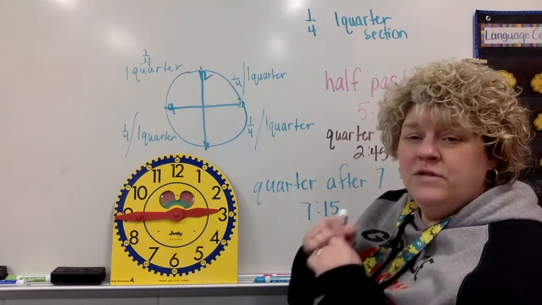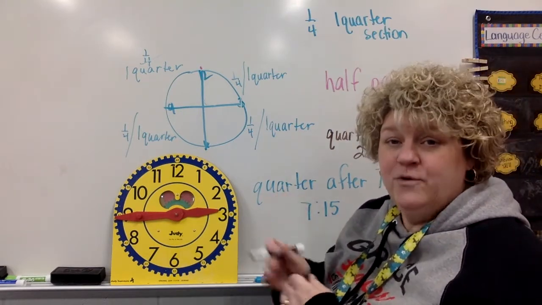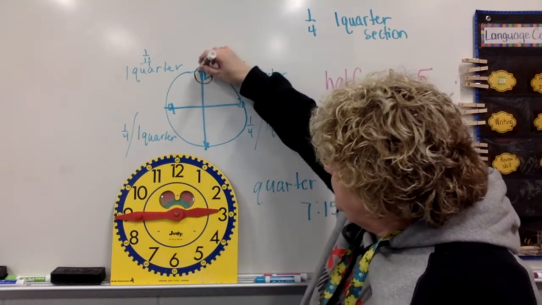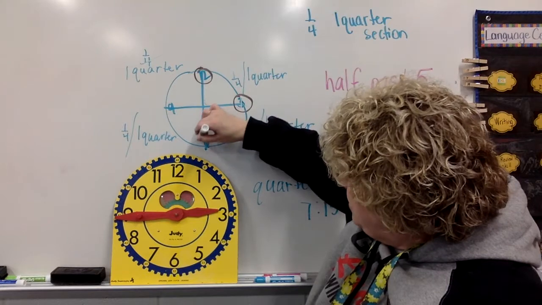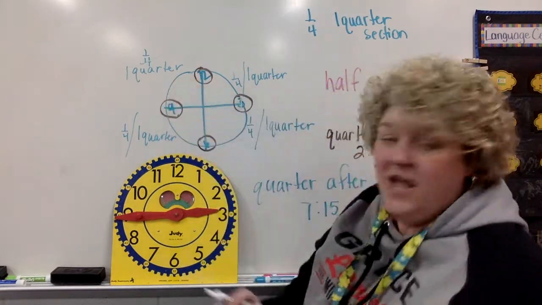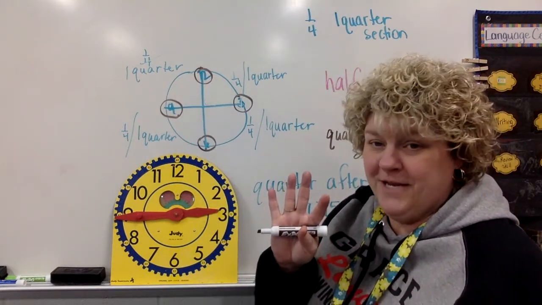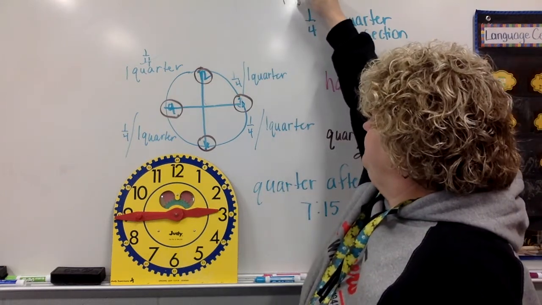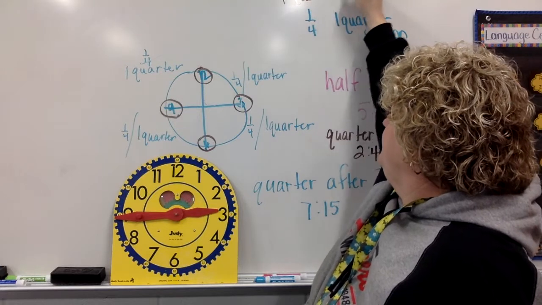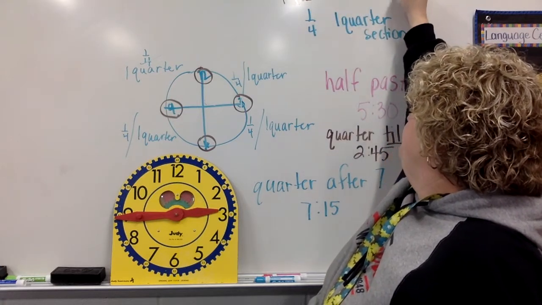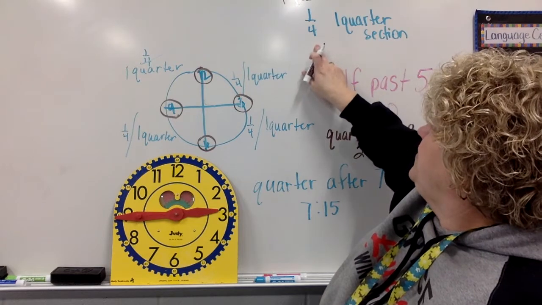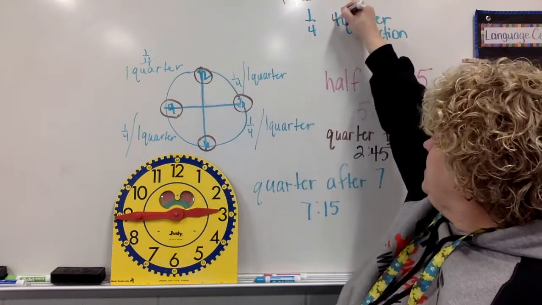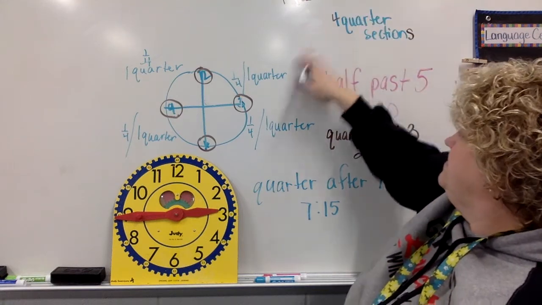And that would be a quarter till 3. Okay? The only place you can put your minute hand when we're talking about quarters or a half, you can only put it at the 12, only put it at the 3, only at the 6, or the 9. There's only 4 places you can put it. Kind of reminds you of there's 4 quarters in a dollar. There's 4 quarter sections.